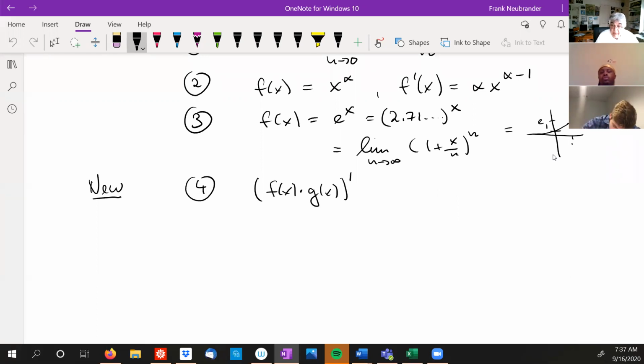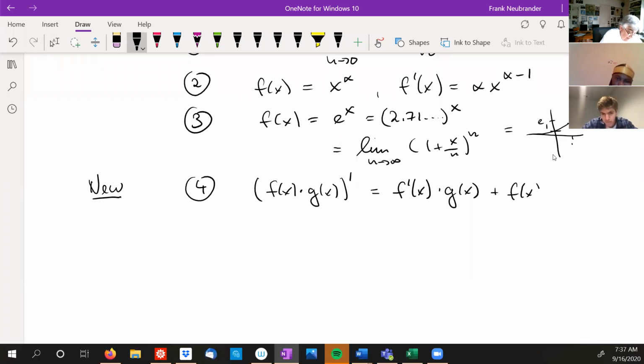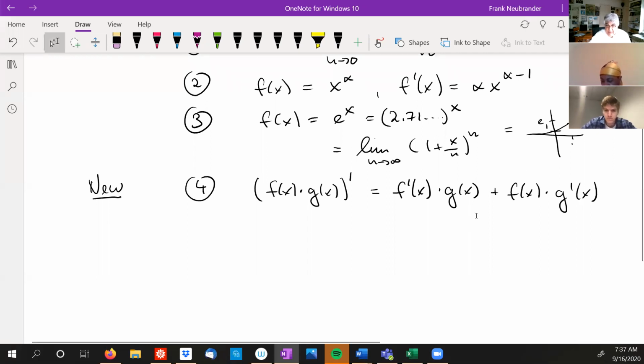So if you have a product of two functions and you take the derivative, then it's the same as the derivative of the first function times the second function plus the first function times the derivative of the second function. So this is the first fact you have to know.